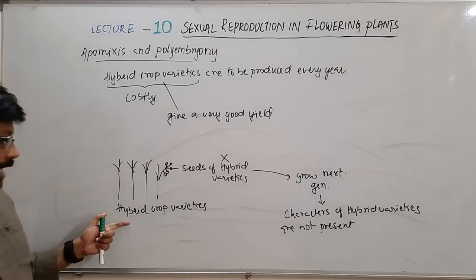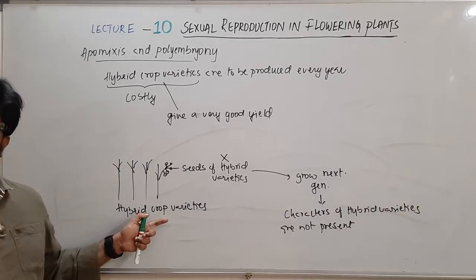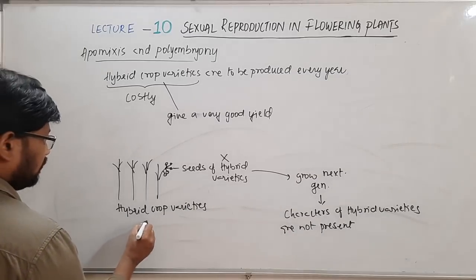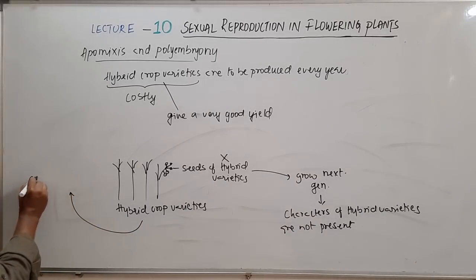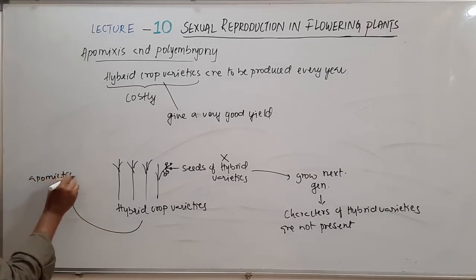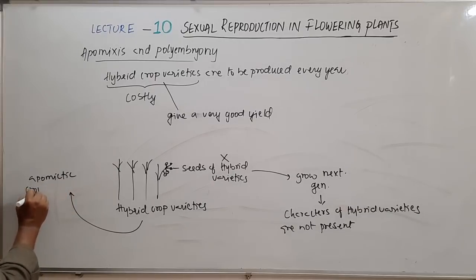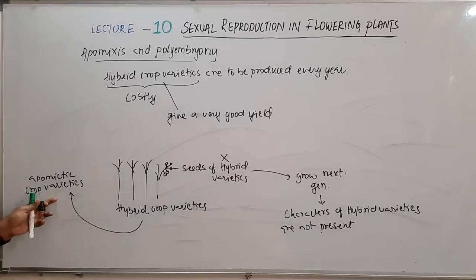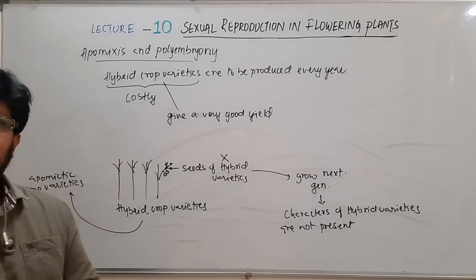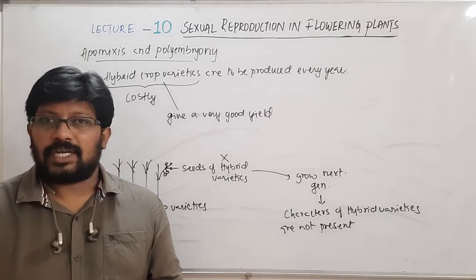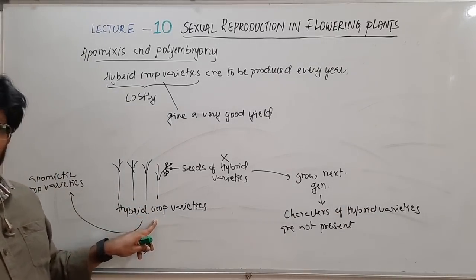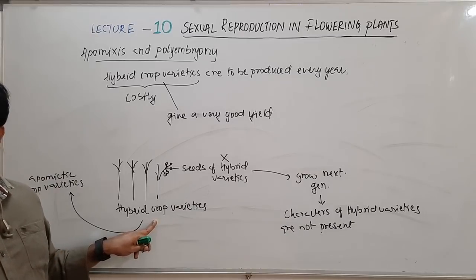Now what if I make these crop varieties apomictic varieties? If I make these hybrid crop varieties into apomictic crop varieties, then we know that the seed will be produced without fertilization. Hence, whatever characters are present in these hybrid crop varieties will not be segregated, which means they will not be separated.